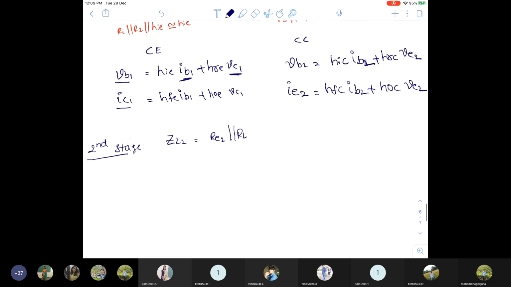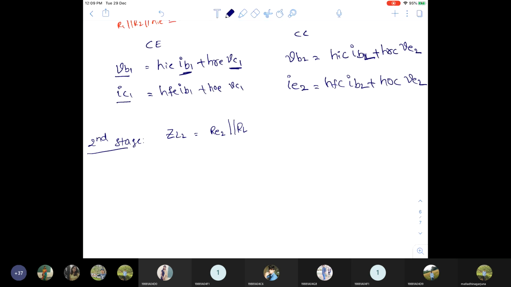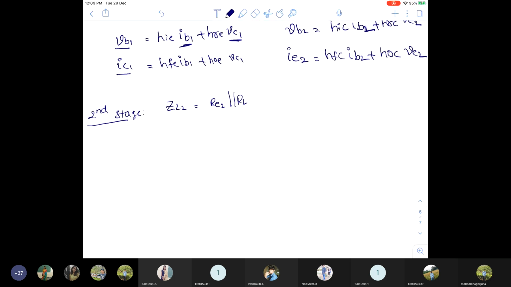Right, so this is for these two stages. Now let us come to the second stage, ZL2 equal to RE2 parallel to RL. First let us calculate the current gain. Second stage is CC, so IE2 equal to HFC IB2 plus HOC VE2. Okay, so this is the equation.